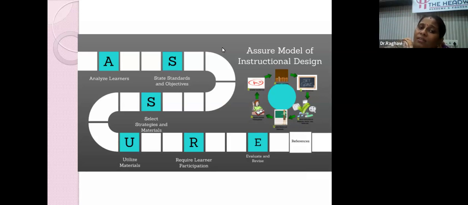Then you set the objectives. Stating the objectives are statements that describe what the learner will do as a result of the instruction that you're providing. So objectives are the learning outcomes. That is what this particular step says. What will the student learn from the module?